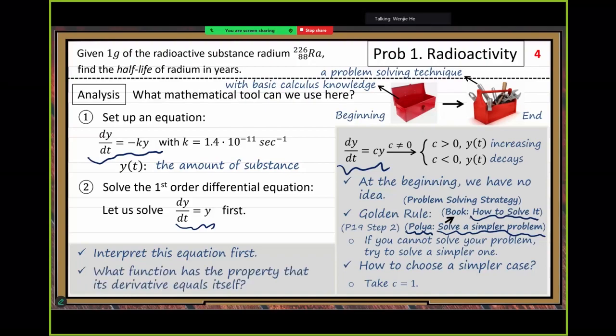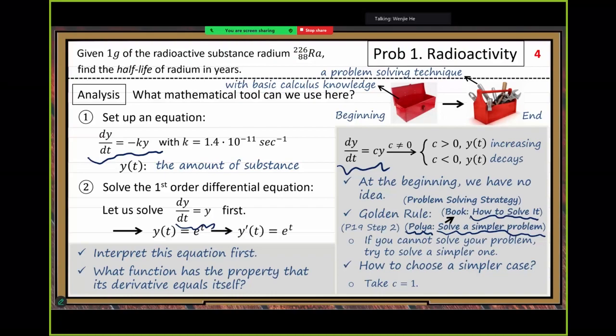That equation tells us some function, when you take the derivative, its derivative equals itself, right? That's the function we are looking for. What function? Its derivative equals itself. E function. Many of you know that. So you can find the Y function quickly. It's an E function.